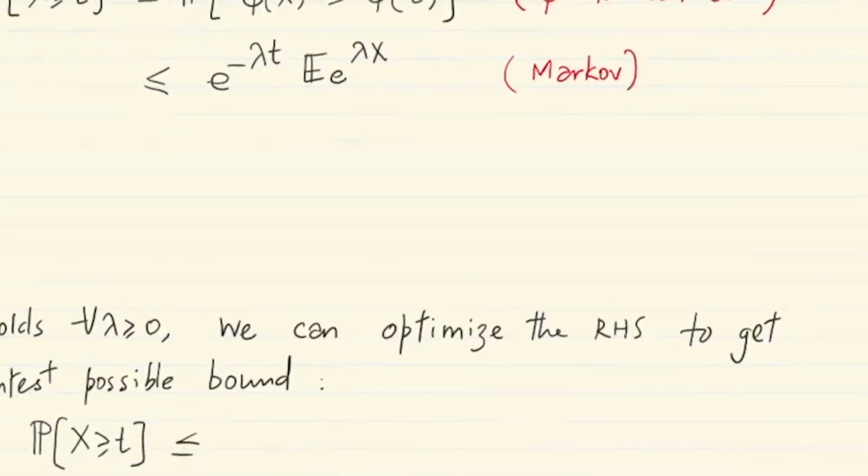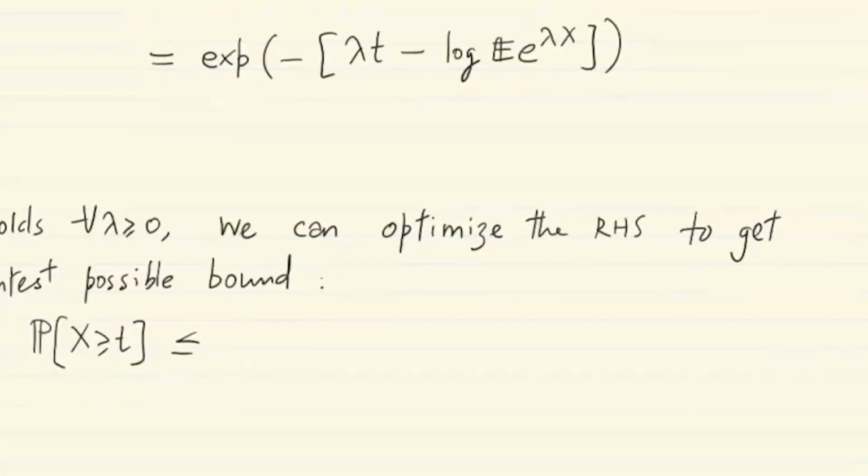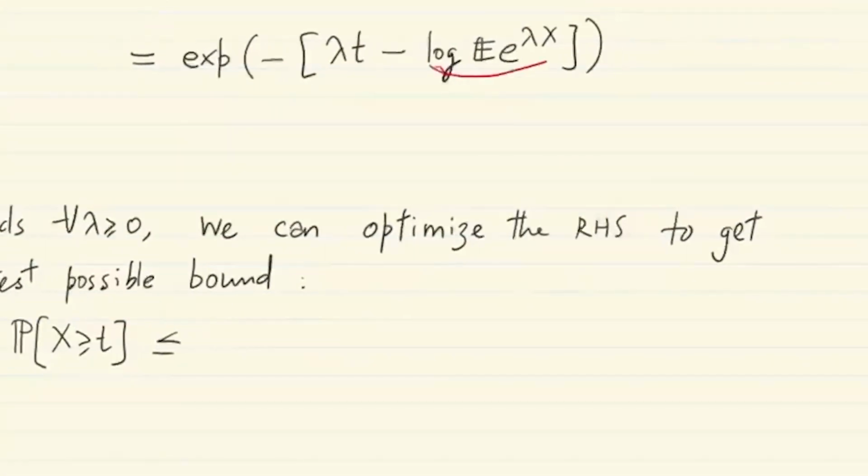Now let's bring all terms into an exponent form by writing as follows: this is equal to the exponent of negative of lambda t minus the logarithm of the expected value of e raised to lambda x, and this new function, which is the logarithm of the moment generating function, we will find it convenient to denote by psi x of lambda.